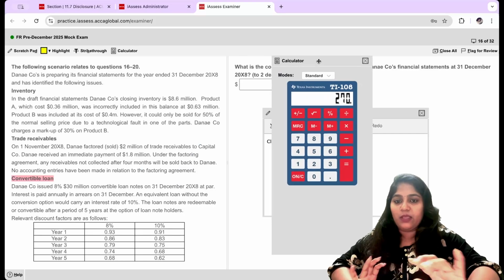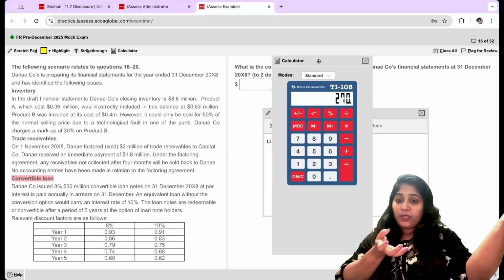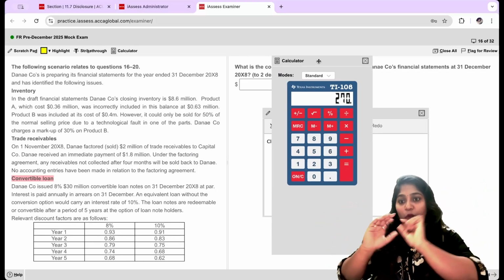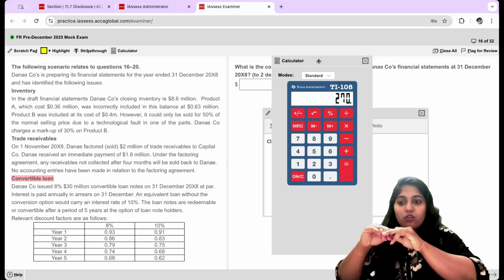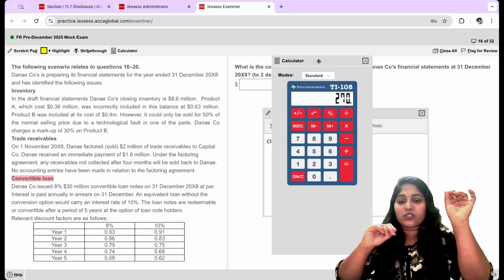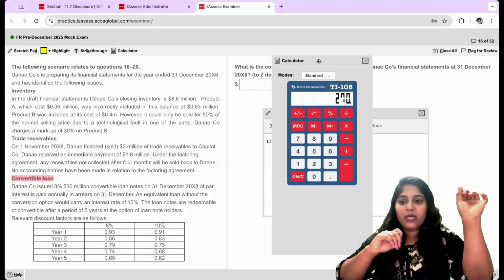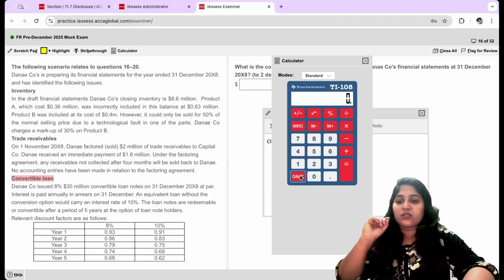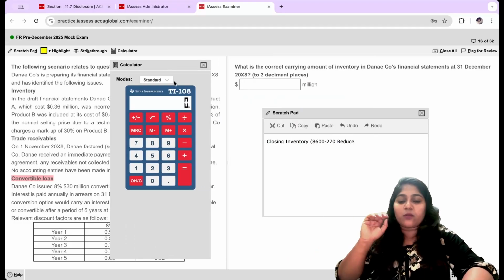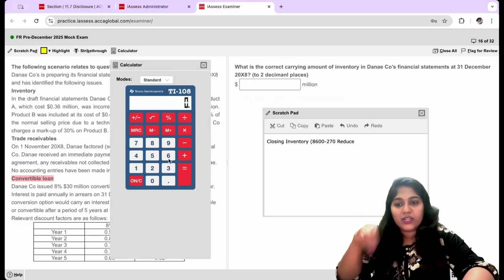Next, product B was included at its cost of 0.4 million. However, it could only be sold for 50% of the normal selling price due to a technological fault in one of its parts. But Danae's company charges a markup of 30% on product B. It's very simple. I have to reduce the inventory once again. So I have a cost of 400. It is normally sold at a 30% markup.